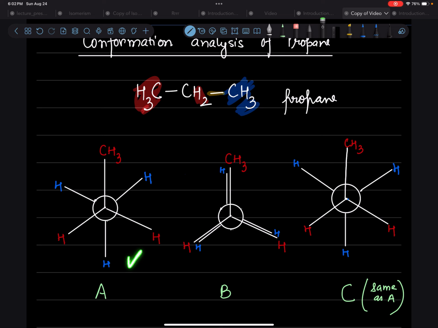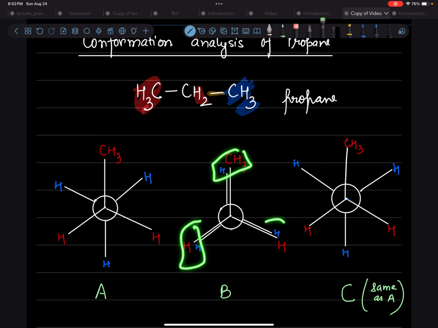Now if I rotate this structure by 60 degrees, keeping the red things, the front carbon, fixed while moving the back carbon, this hydrogen will come here. You can see it is coming here. This hydrogen will go here, and this hydrogen will go here. So this is the eclipsed conformation, although it's not fully eclipsed, but that's how the molecule is. So things are eclipsing each other.